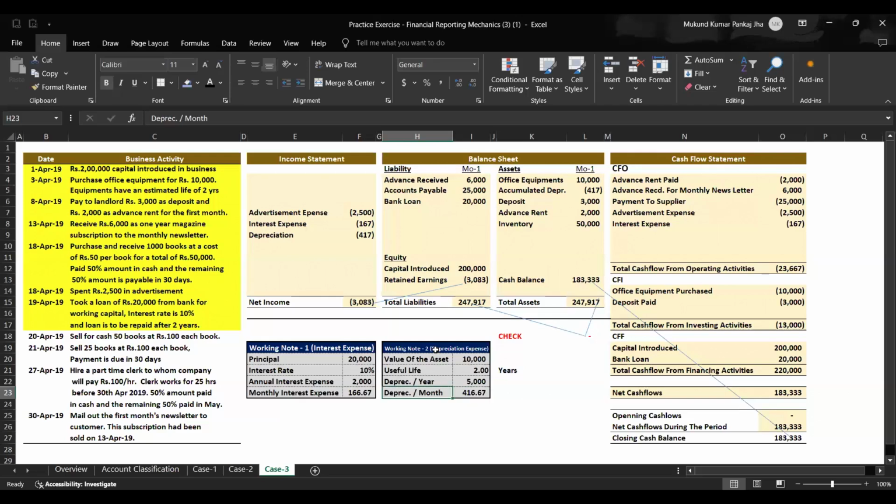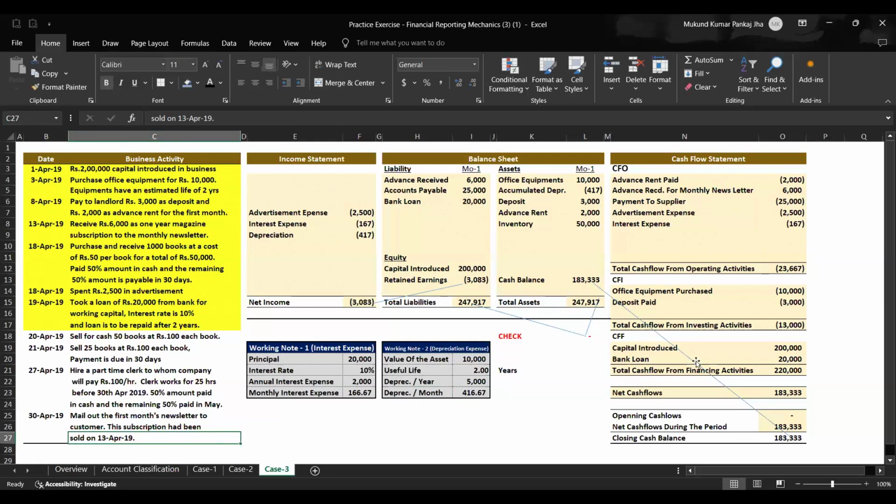Okay, so you want to know what is depreciation. Depreciation is the reduction in value of an asset due to reduction in its useful life. So you have bought an asset, Apurv, for 10,000 rupees and 1 month has passed since you used that asset. So what would be the value of the asset after that 1 month?